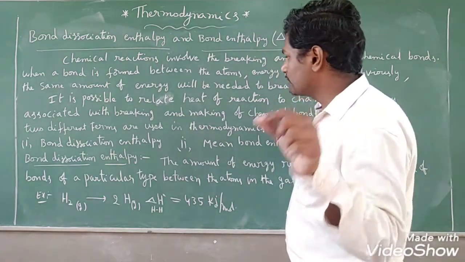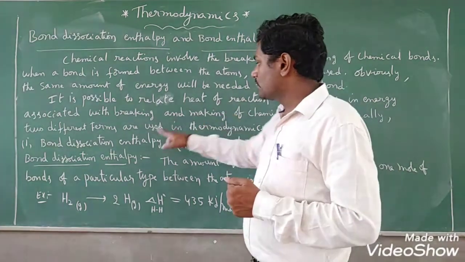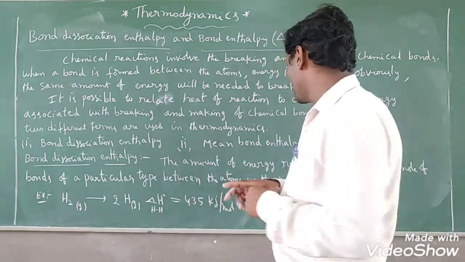Generally two different terms are used in thermodynamics. What are they? One is bond dissociation enthalpy and the other is mean bond enthalpy.